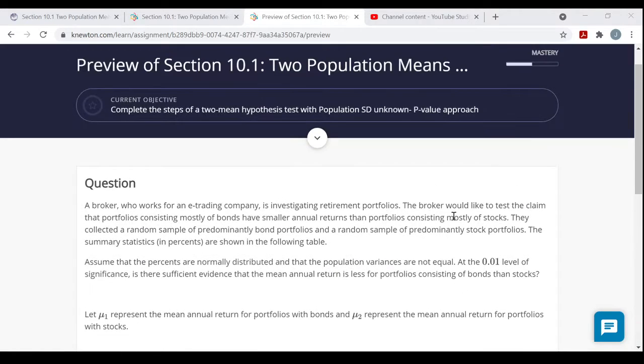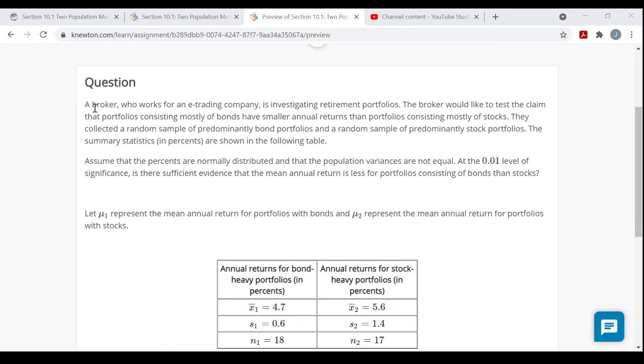All right. So here, a broker who works for an e-trading company is investigating retirement portfolios. The broker would like to test the claim that portfolios consisting mostly of bonds have smaller annual returns than portfolios consisting mostly of stocks.